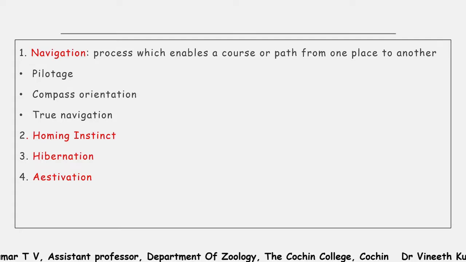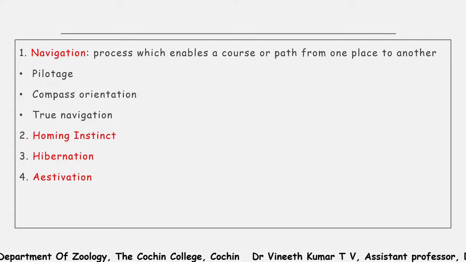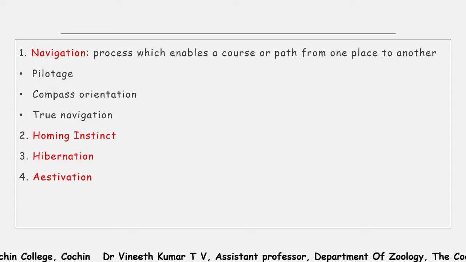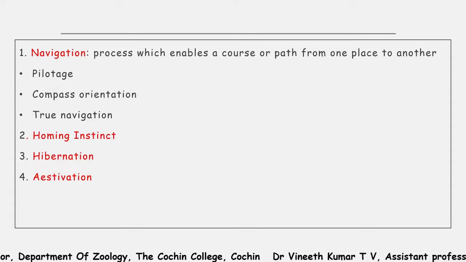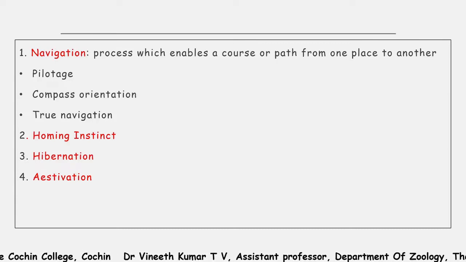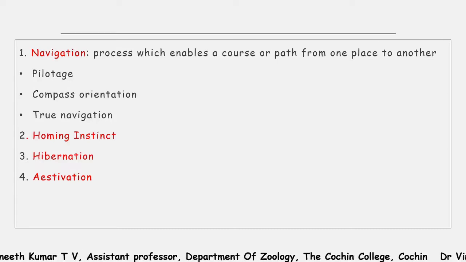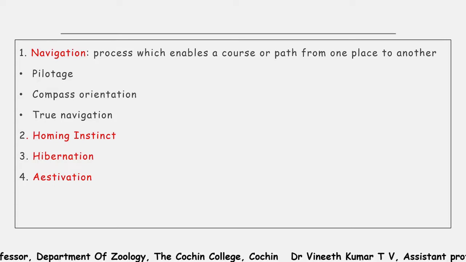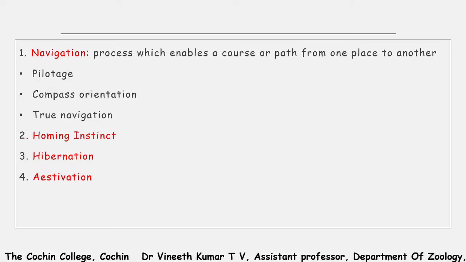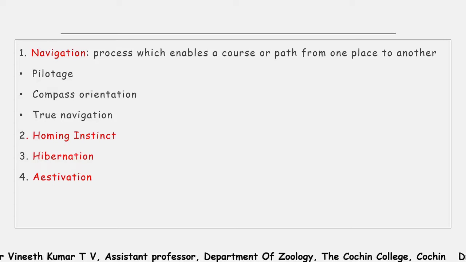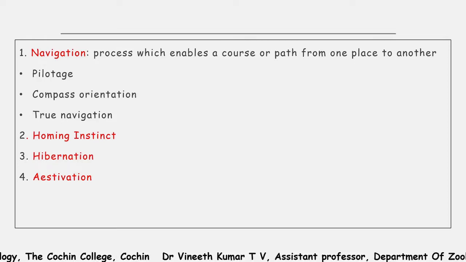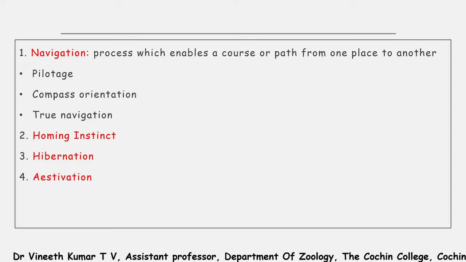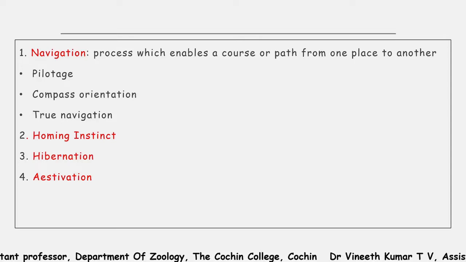According to Griffin, navigation has three types of orientation. The first is pilotage, or steering of a course, which is usually done using familiar landmarks. If animals navigate using landmarks, that is called pilotage. The second is compass orientation, the ability to head in a particular compass direction without reference to landmarks.